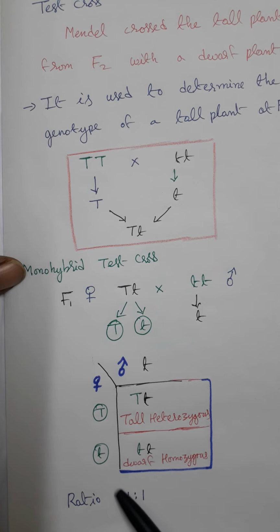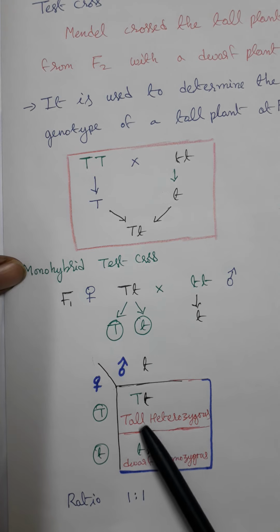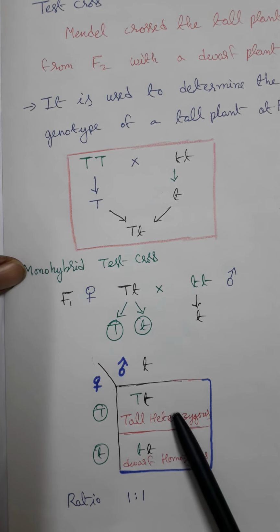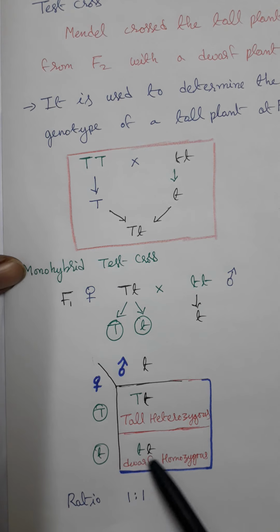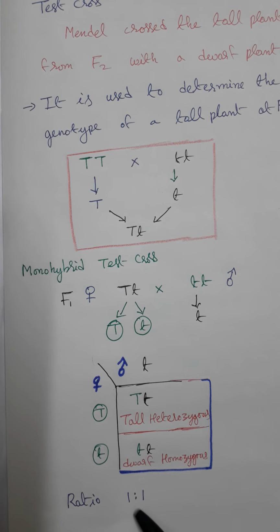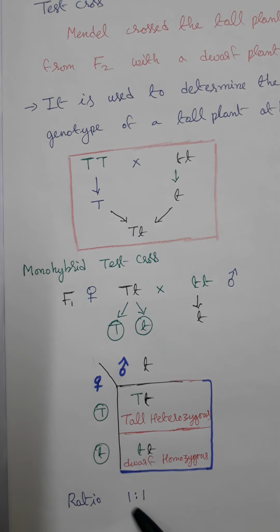So what is the phenotypic ratio? Tall heterozygous 50%, dwarf homozygous 50%. So the phenotypic ratio is 1 to 1. Whereas for the genotypic ratio, capital T small t is 50% and small t small t is 50%. So the genotypic ratio of the test cross in a monohybrid cross is 1 to 1. So both phenotypic and genotypic ratios are similar.